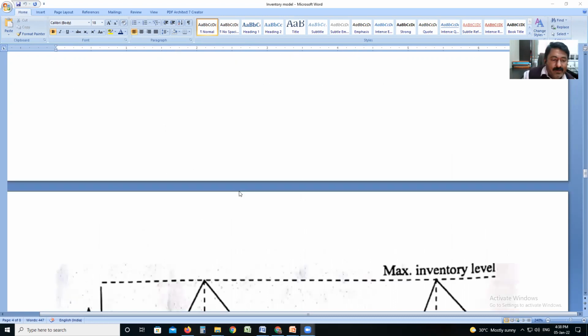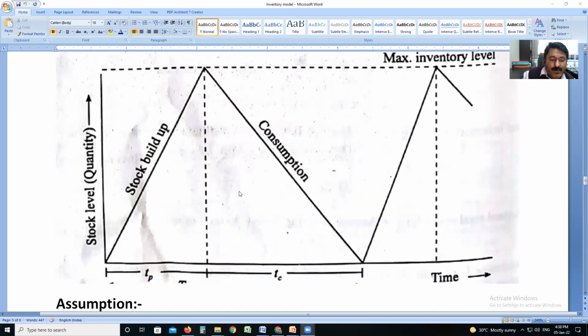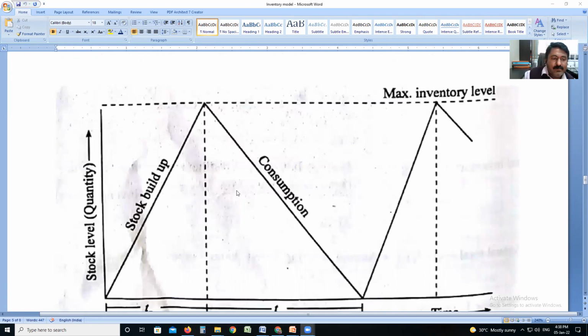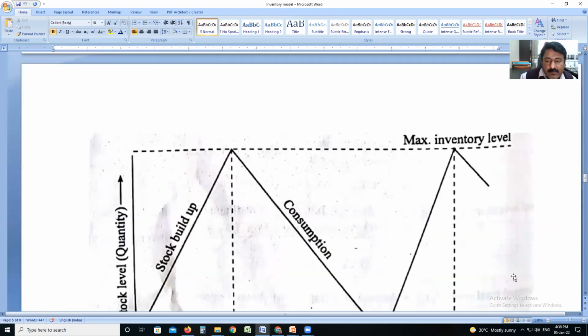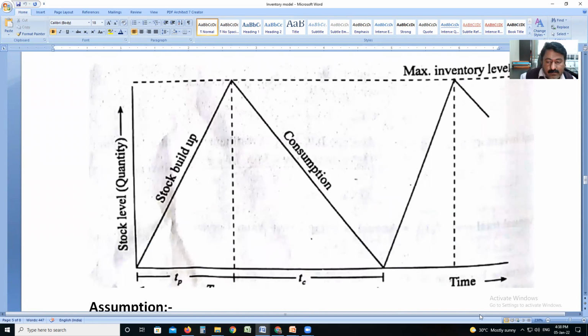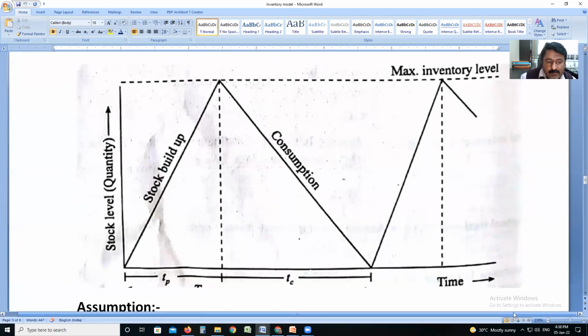If you take a look at this diagram, you see here the stock built up.